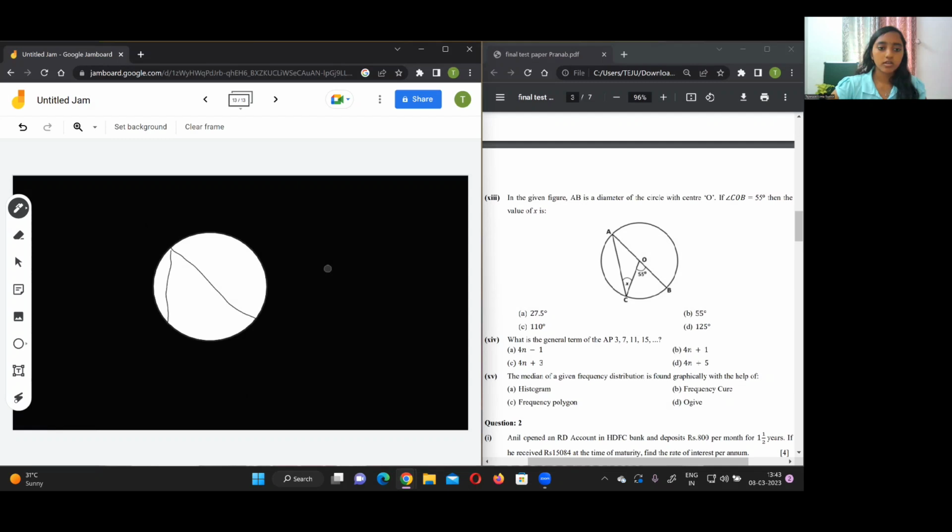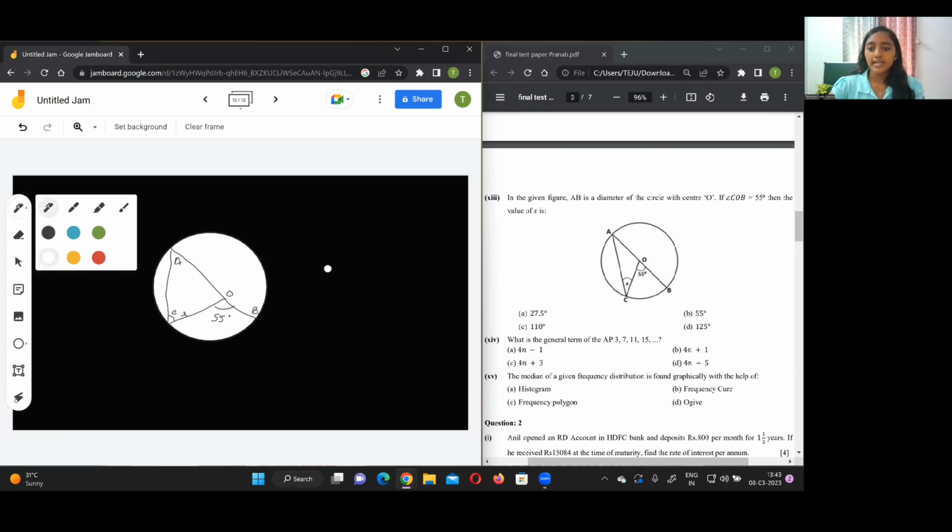I'm very bad at drawing in this particular chord. So this is 55 degrees. This is O. This is B. This is C. They're asking you to find X. And this is A, right?